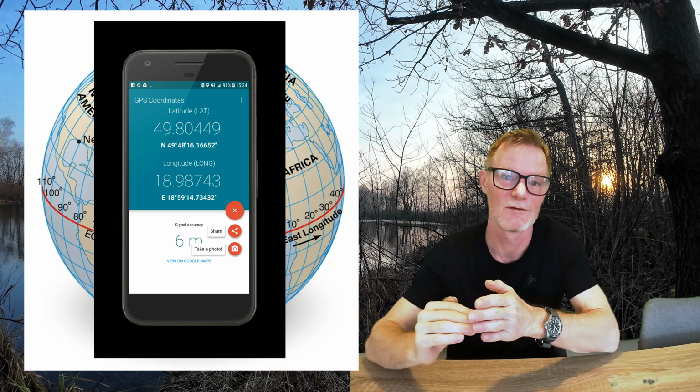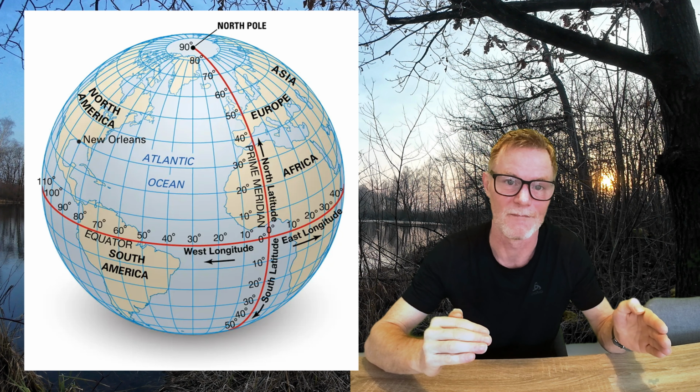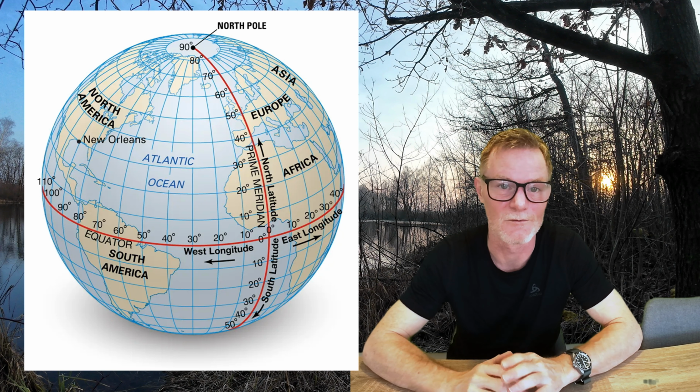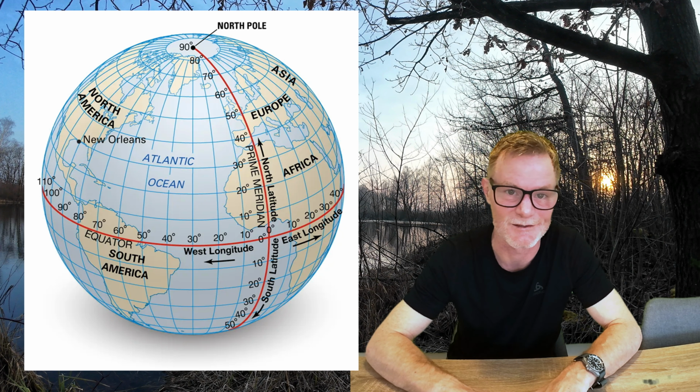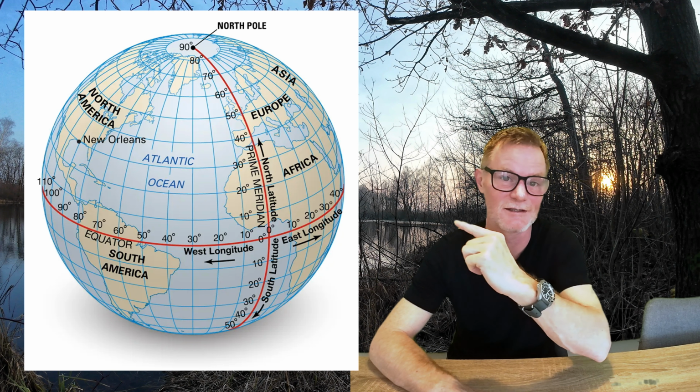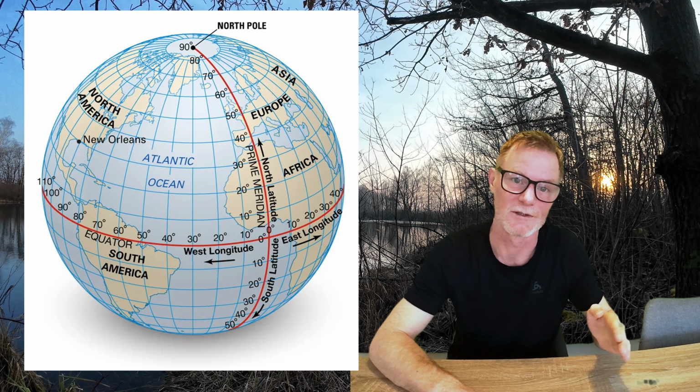So they're listing the latitude first, how far you are away from the equator, followed by the distance you are, or the degrees you are, away from Greenwich Mean Time. This only applies to global reference systems and GPS systems. Northerlies first, so latitude first, then longitude.